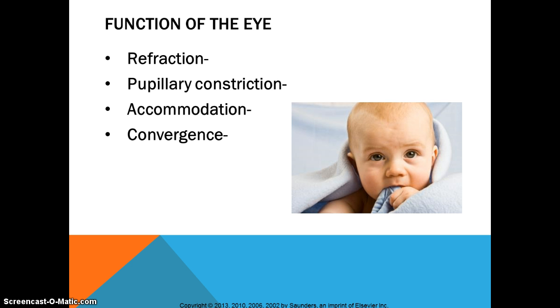The eye can adjust its focus by changing the curve of the lens. Convergence, our final definition for this page, is the ability to turn both eyes inward toward the nose at the same time. Now this allows the individual to see one single image of close objects.